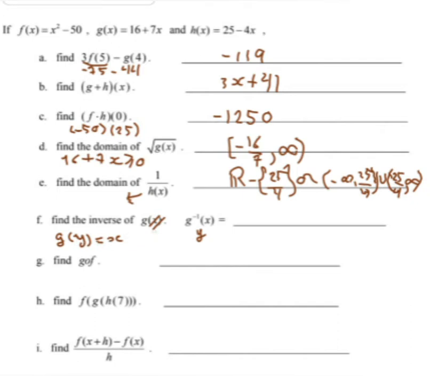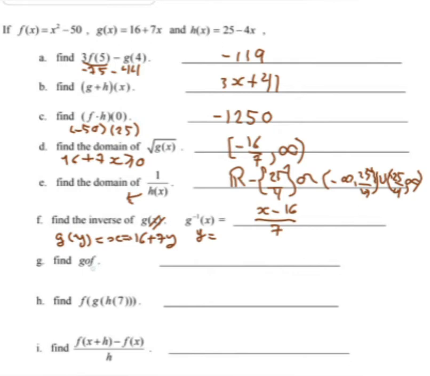What is g of y? g of y is 16 plus 7y. So x is equal to 16 plus 7y. Then what is y? You can solve: x minus 16 divided by 7. You can see it like this.